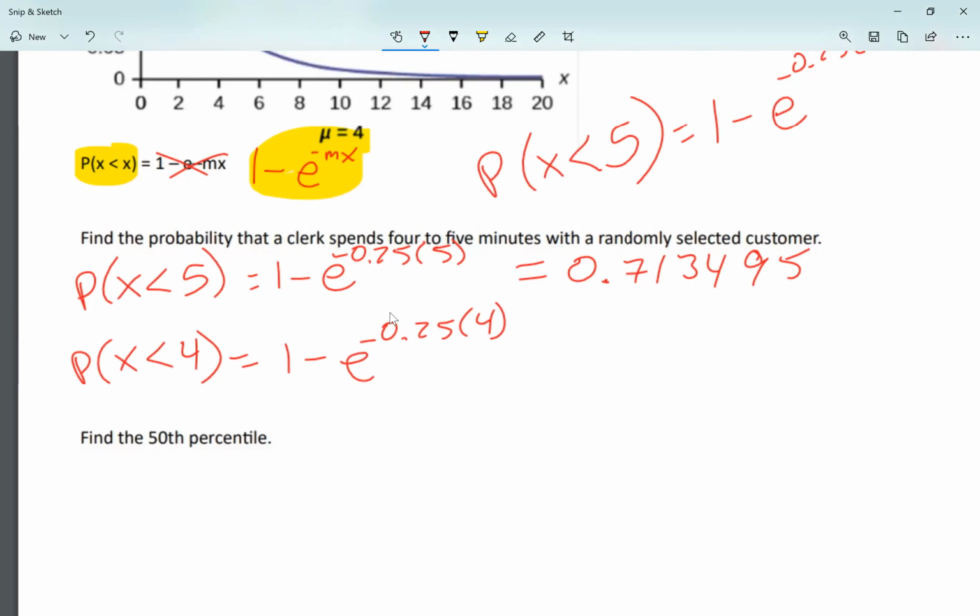I don't like to round my work. I like to round my answer. But unfortunately, I cannot write all the numbers here, so I'm just going to leave it at 6 decimal numbers. Now, what's the probability that the clerk will spend 4 or less? I type this in on my calculator. Like I said, we can use decimals, and I get 0.632121.